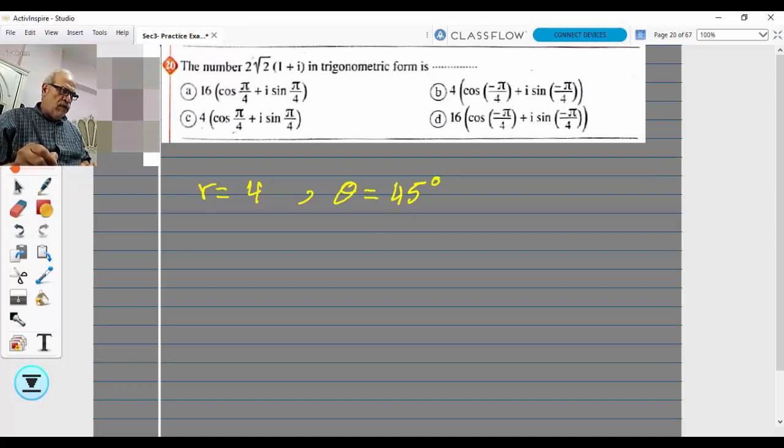So we will choose C or B, and we have pi over 4 in C, and this is the solution. So the answer is at C.